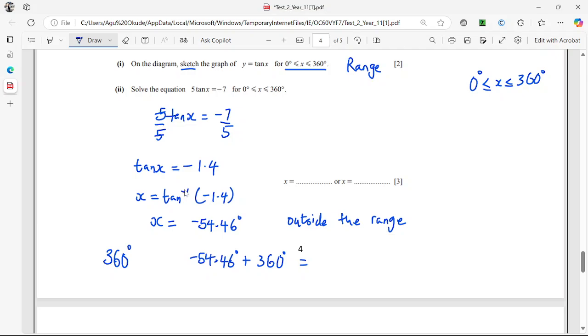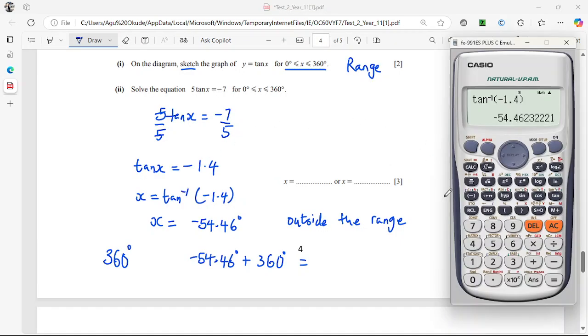So that makes it a positive angle. So you do 360 minus 54.46. What I have there is 305.54, right?